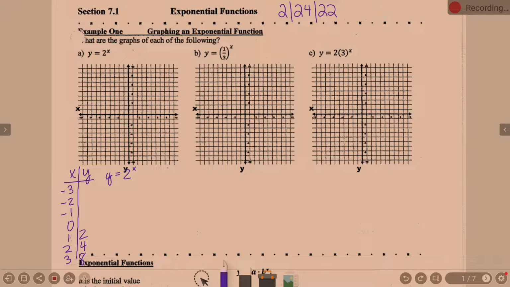Okay, here's a good one to know. 2 raised to the power of 0. Okay, well, I've got the two common answers, 0 and 1. What's your calculator tell you? 1. Anything raised to the power of 0 is always 1.